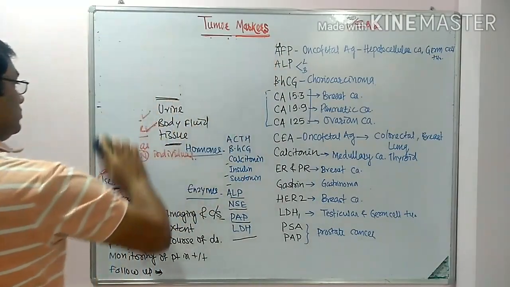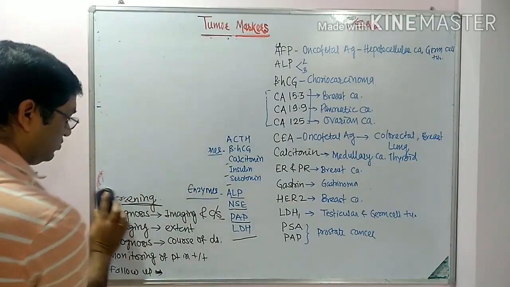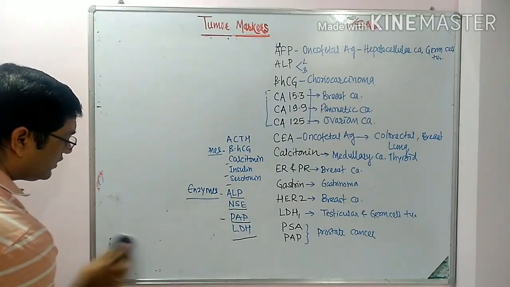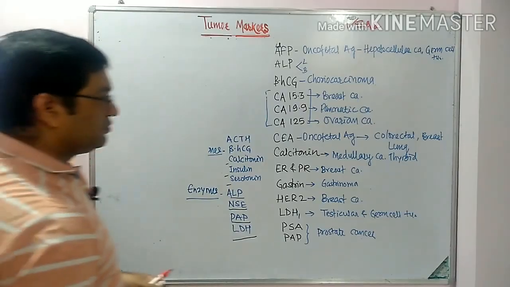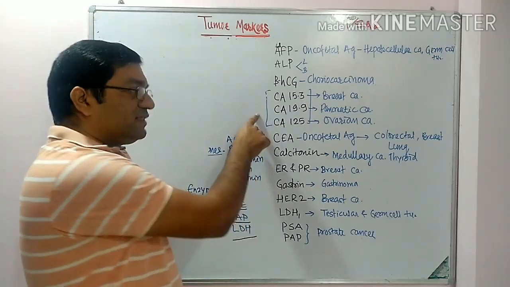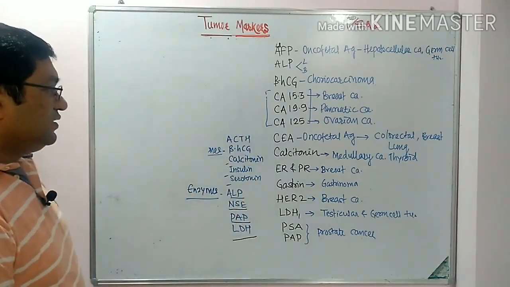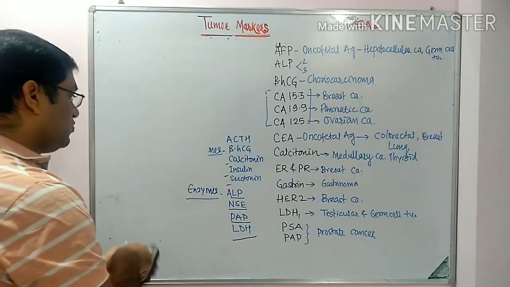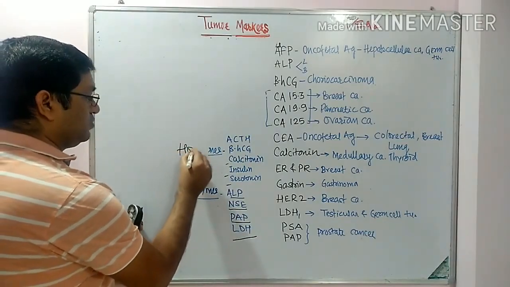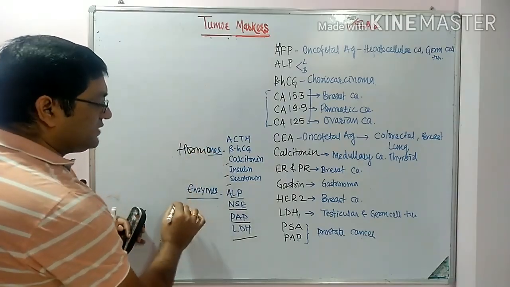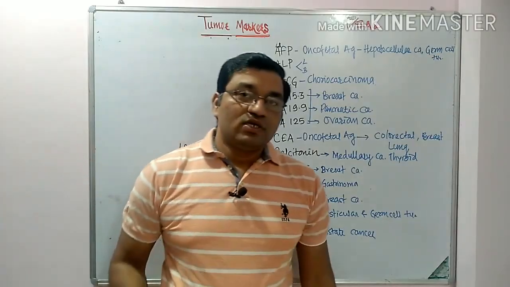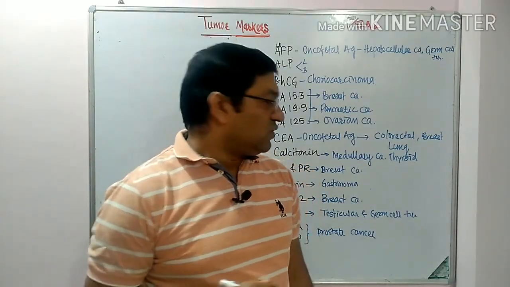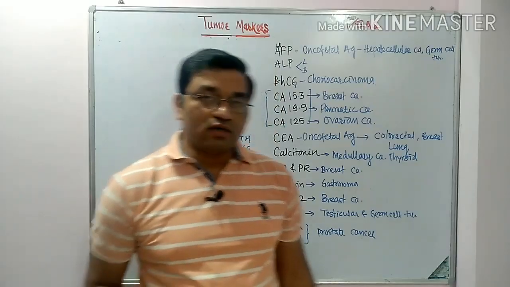They are classified into oncofetal antigen, then carbohydrate antigen or cancer antigen, then hormones, enzymes and various other markers, receptors or molecular markers.